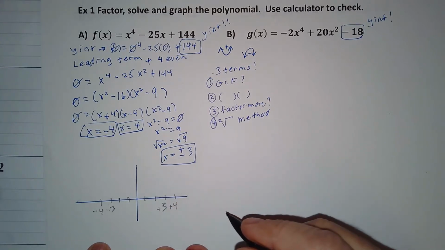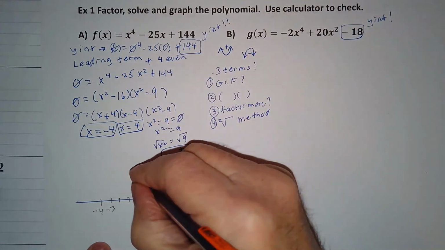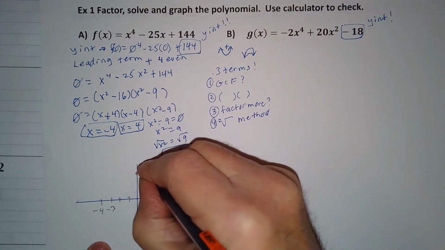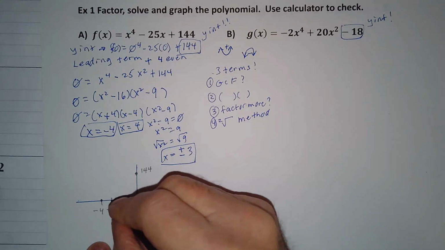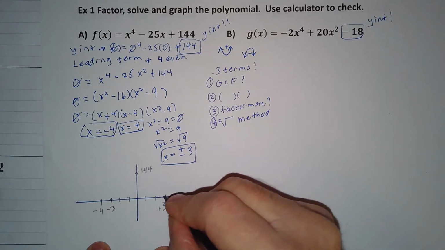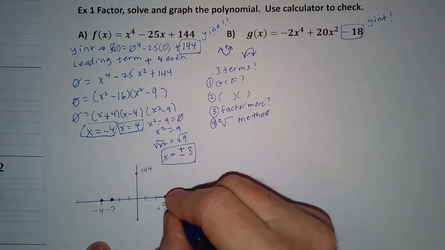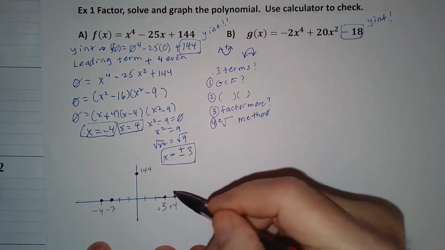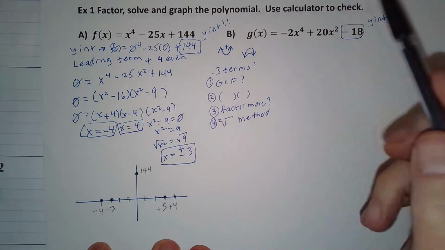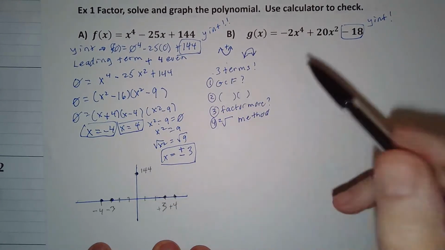All right, and then I said I've got a y-intercept of 144. Now that's way up here, and so I'm not going to worry about that. I'm just going to change my scale and put 144 up here, because we just want a representative example of what this graph is going to look like. All right, so here's all my possible solutions. Okay, so now we said that we've got a positive leading term, so our answer is going to be up and up.